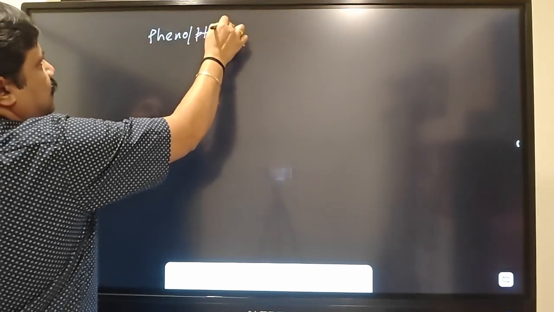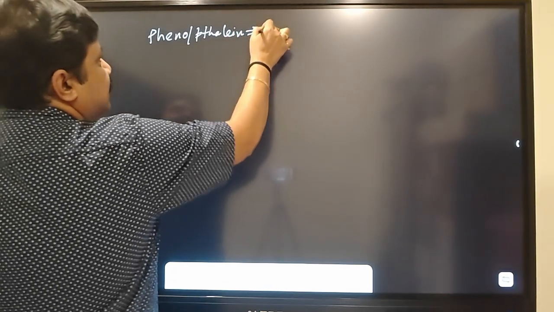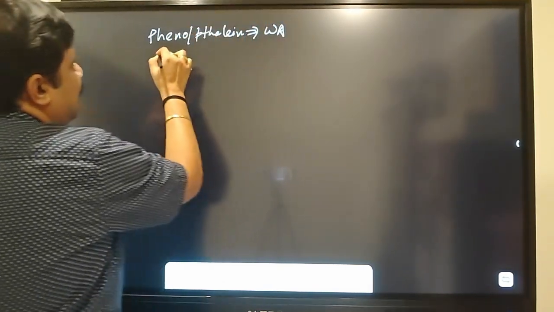Now regarding phenolphthalein and methyl orange, a few points I want to discuss, then we will come to the problem. Phenolphthalein is a weak acid, this indicator.